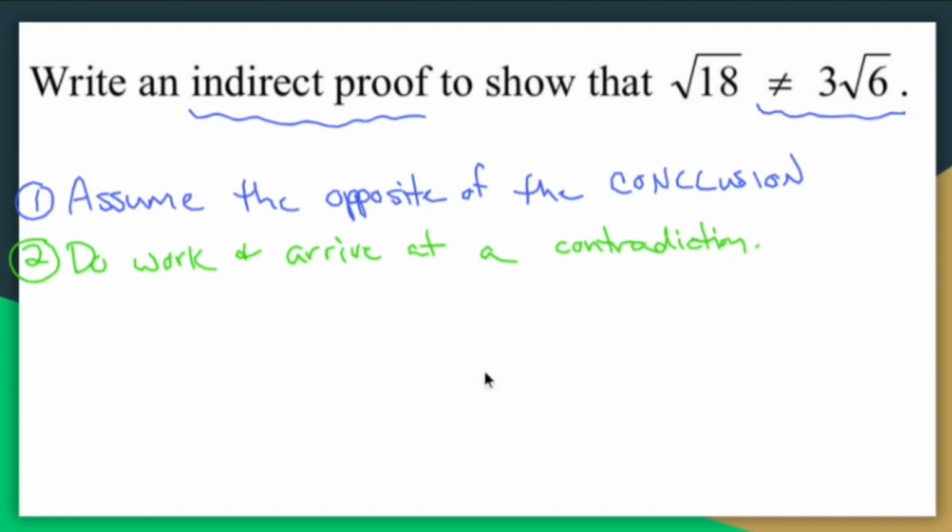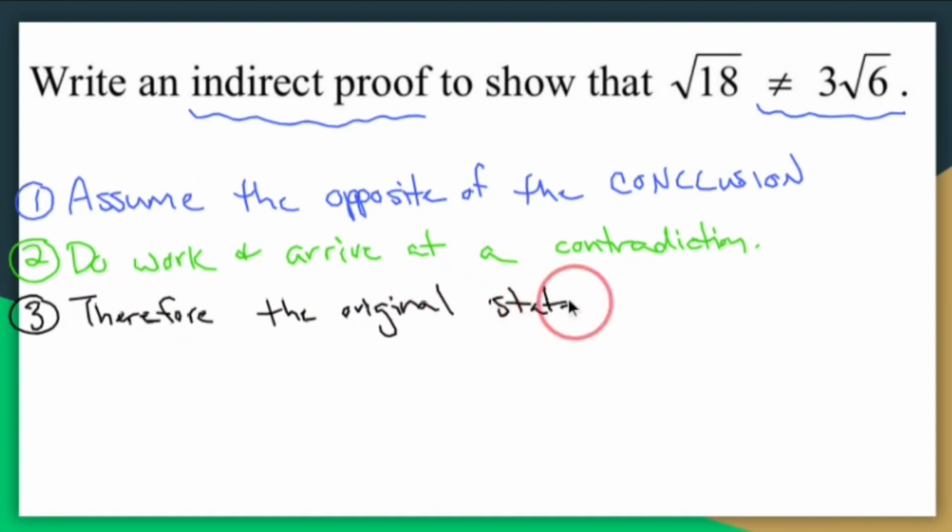What we're doing is we're going to assume the opposite, find out that the opposite is wrong, and say, well, that's wrong, so therefore the original statement that we were given was true.